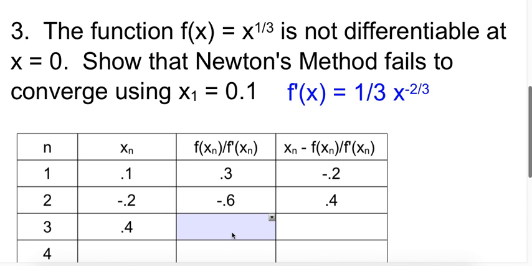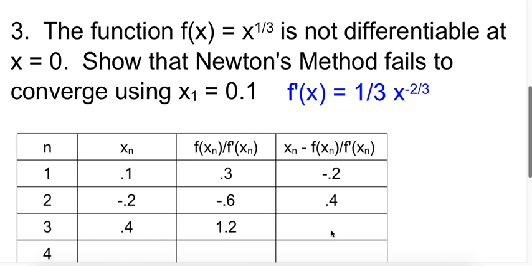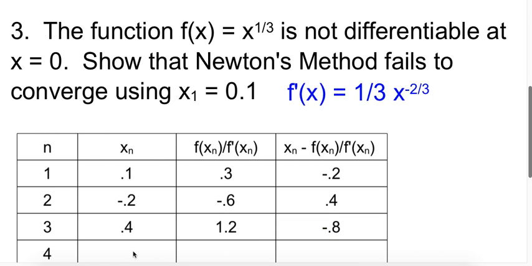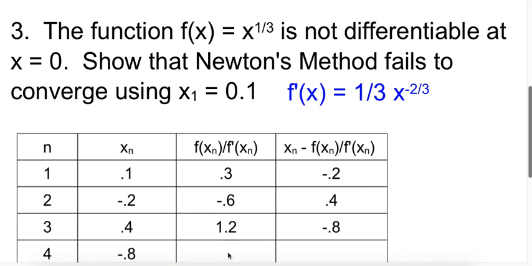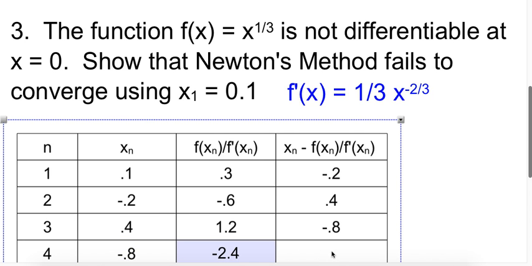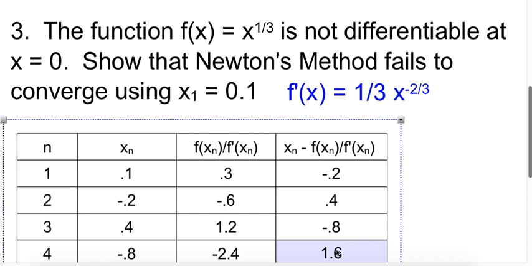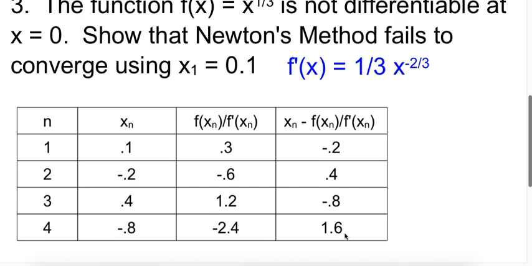Here we get 1.2, and when we subtract those, negative 0.8, and that becomes our new starting value, negative 0.8. Here, negative 2.4, and 1.6. Now, if we were to continue on, that 1.6 would become our new starting value.